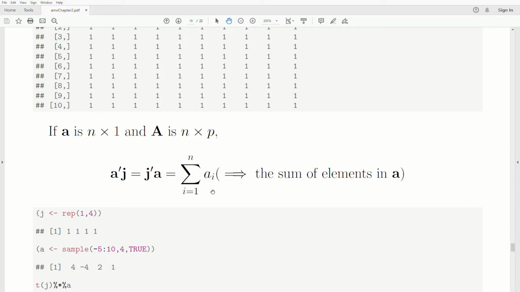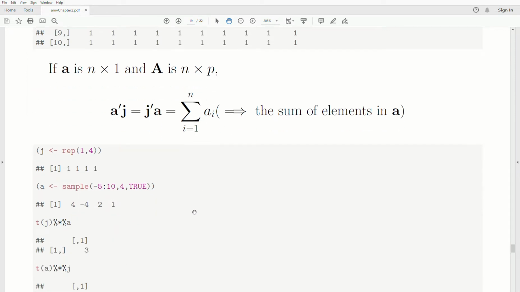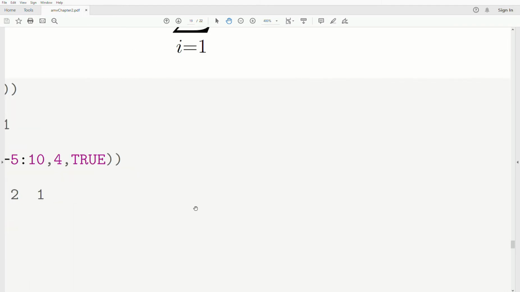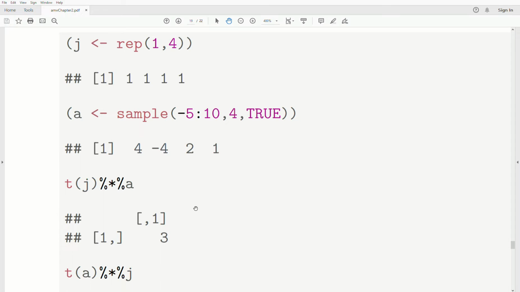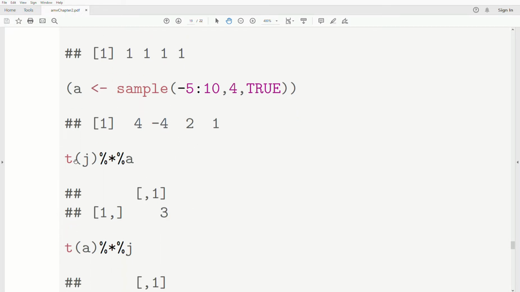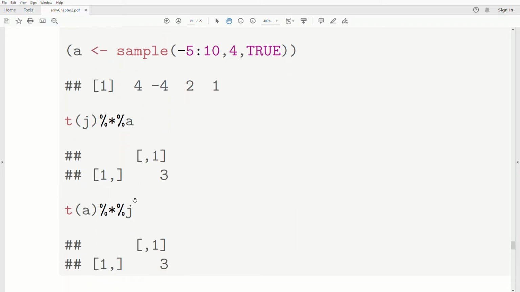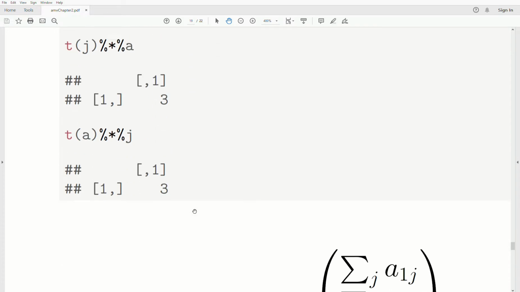So it's the same thing. It's literally just the sum of the components of that vector. If we take a sample vector a, a random vector, j transpose a is 3, and a transpose j is 3. It's just a number.